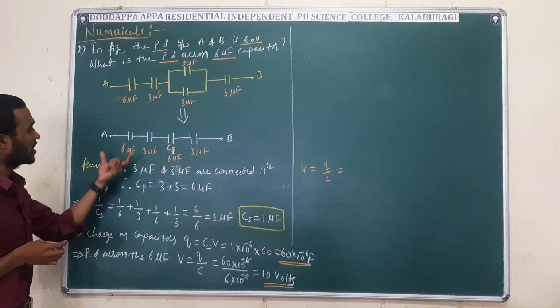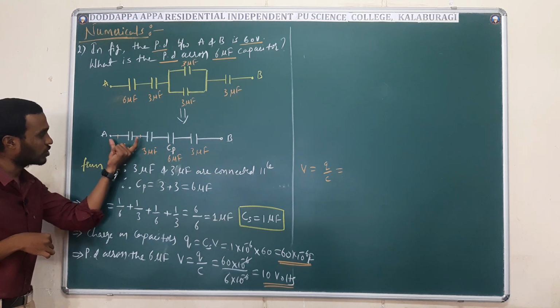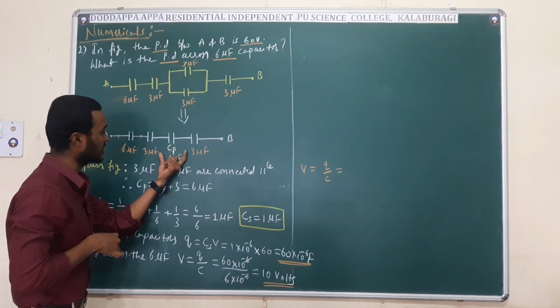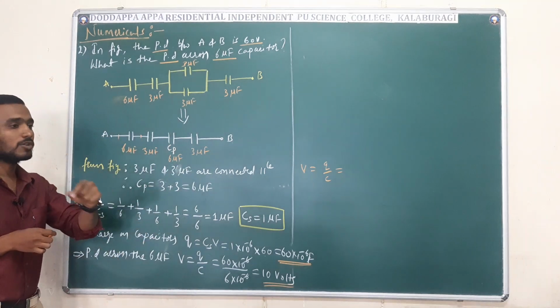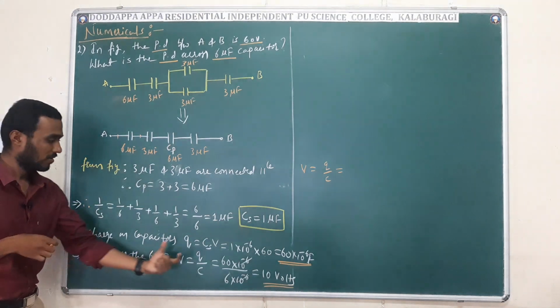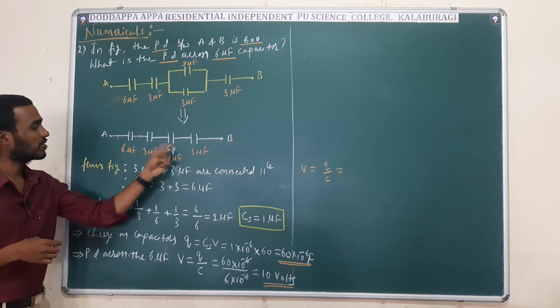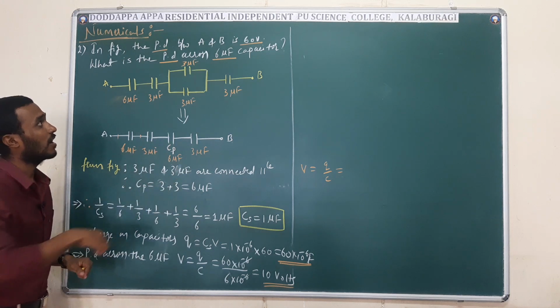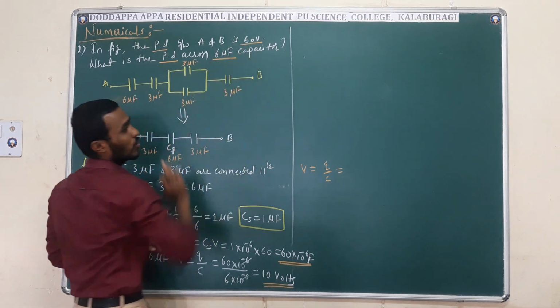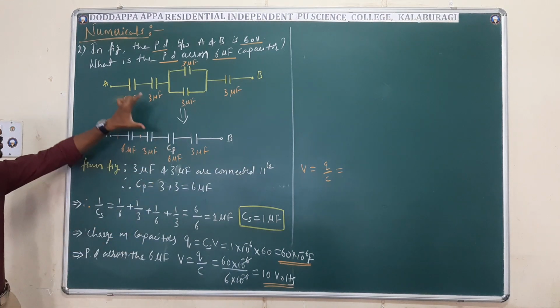Potential difference across the 6 microfarad, or you may assume it as this 6 or this 6, means the 6 microfarad capacitor will take 10 volts, and the remaining will distribute for the other capacitors. It is under 60 volt, right? So this is the method of solving the given figure.